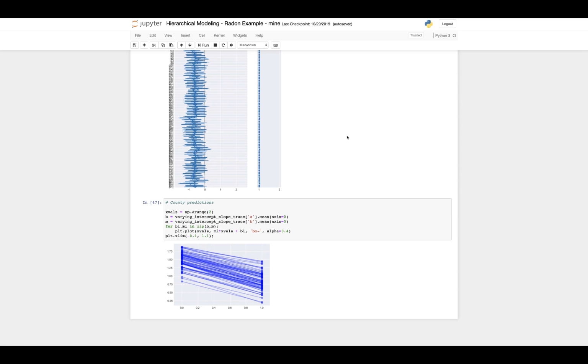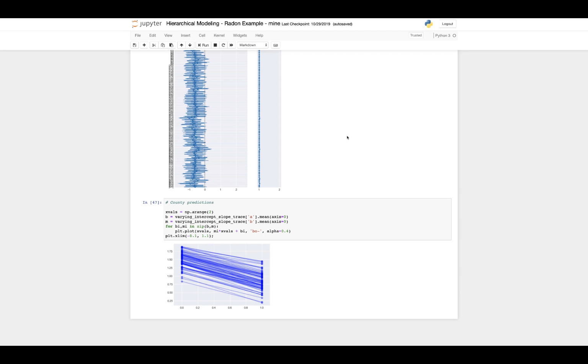So we actually have good predictions for each one of the counties in Minnesota on their radon. Instead of having the really worthless prediction we had for the totally pooled data, or the questionable predictions that we had with the unpooled model, and the okay predictions, but unfortunately without a predictor variable, for the partial pooled model. Now we're using that predictor variable along with the intercept term, and we can see that for each one of the counties we get a prediction of what its radon will be.